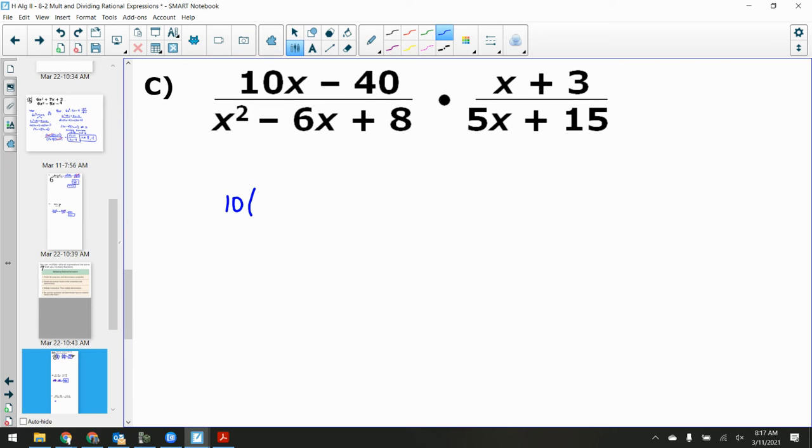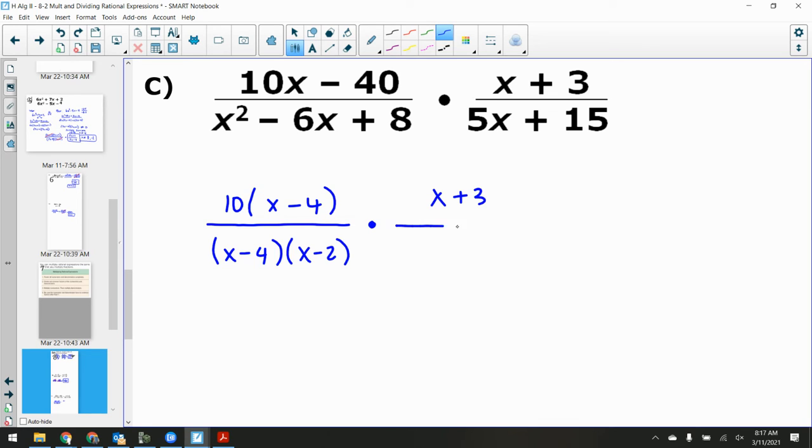Pull out a 10 on the top left, leaving an x minus 4. The bottom factors, okay, factors of 8 that add to get to negative 6 are negative 4 and negative 2. Top right factors into, well, it's just an x plus 3. Pull out the 5, leaving an x plus 3 in the denominator on the right.